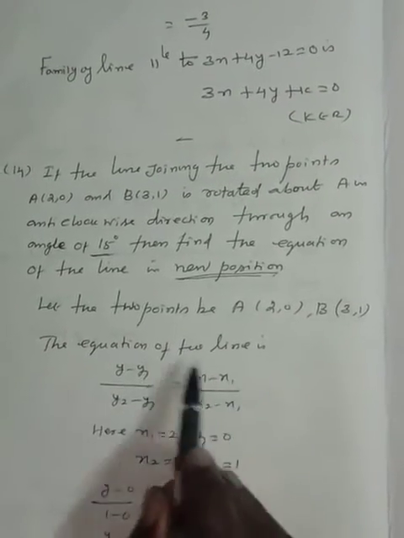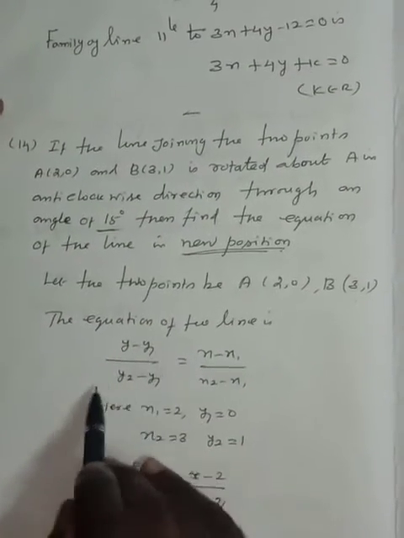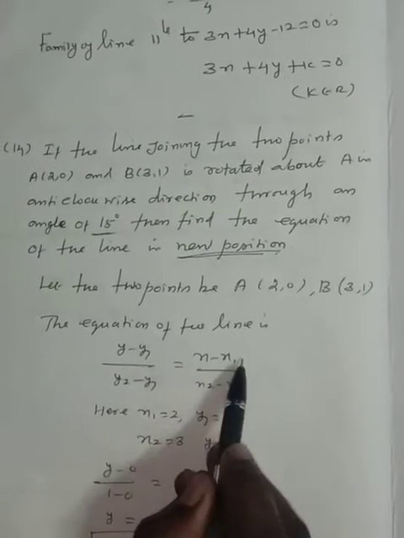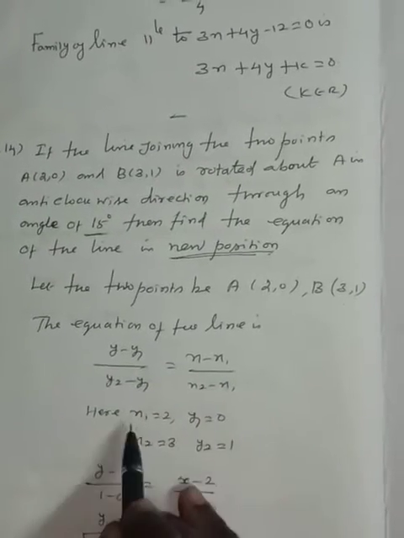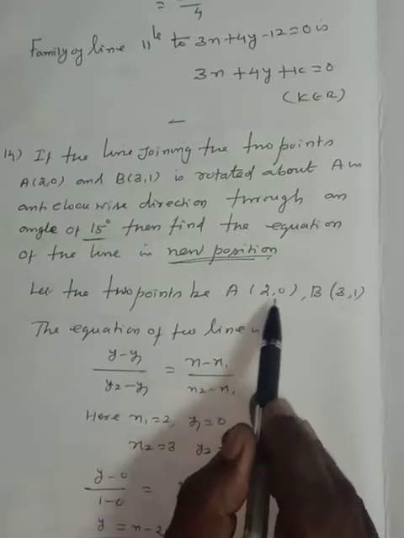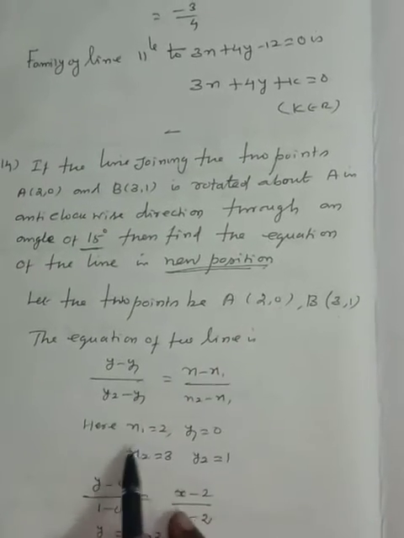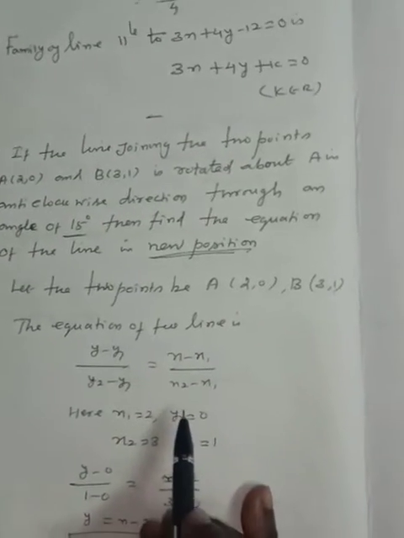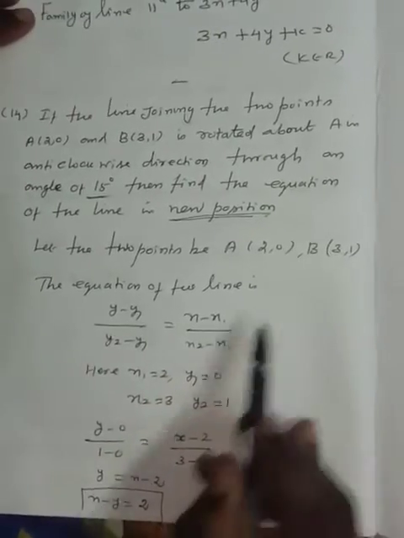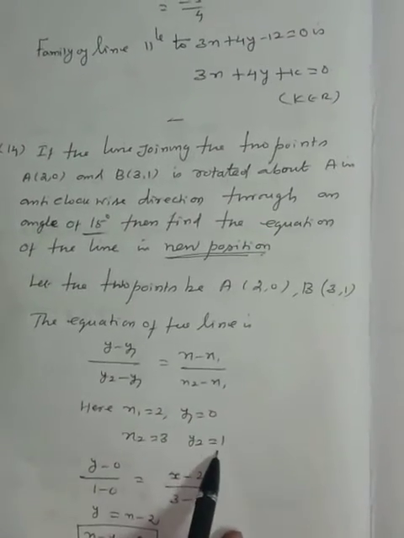The equation of the straight line formula is y minus y1 divided by y2 minus y1 is equal to x minus x1 divided by x2 minus x1. Here the first point (2, 0) is x1, y1, and the next point (3, 1) is x2, y2.